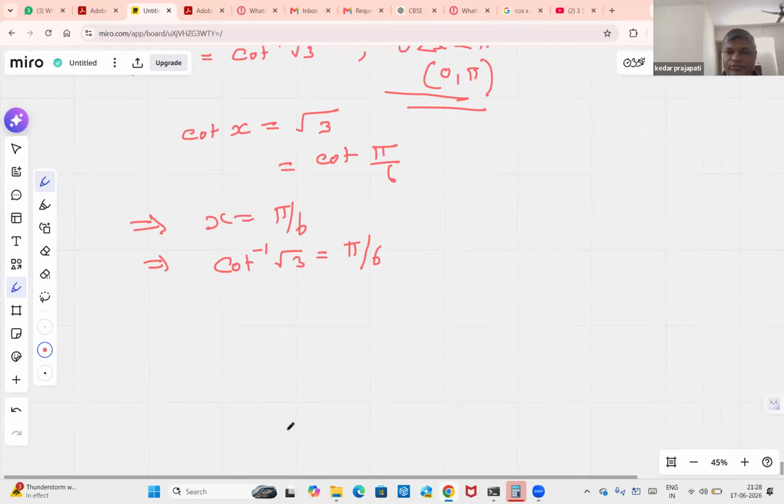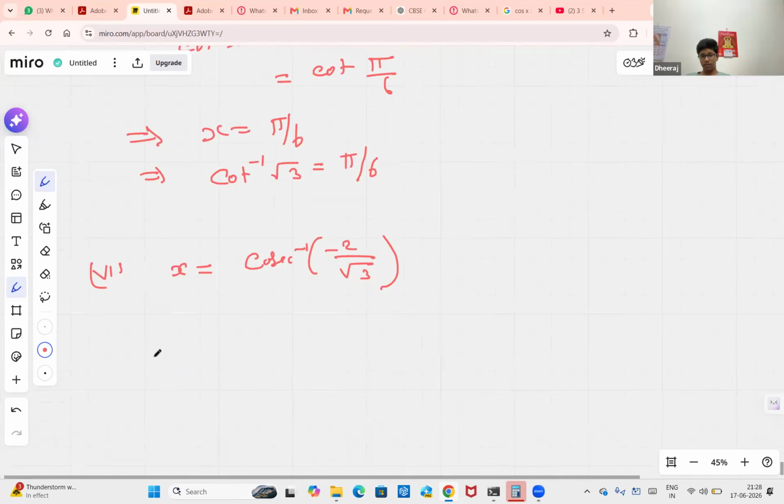Now let us solve the last question for today. x equal to cosec inverse minus 2 by root 3.